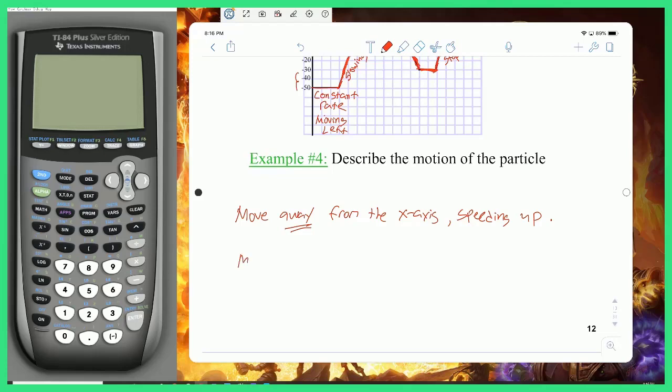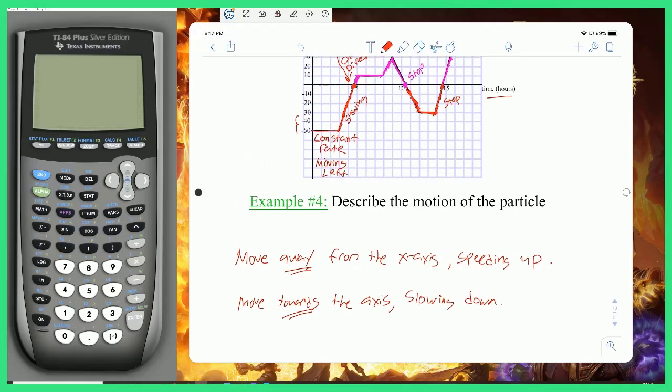And conversely, if we move towards the x-axis, we know our particle is gradually getting closer to zero. The velocity is closer to zero, and we know we're slowing down. Just remember that velocity means slope, and so if this represents our slopes, then that's what the particle is doing. So that would be speeding up and slowing down in the instance of velocity.